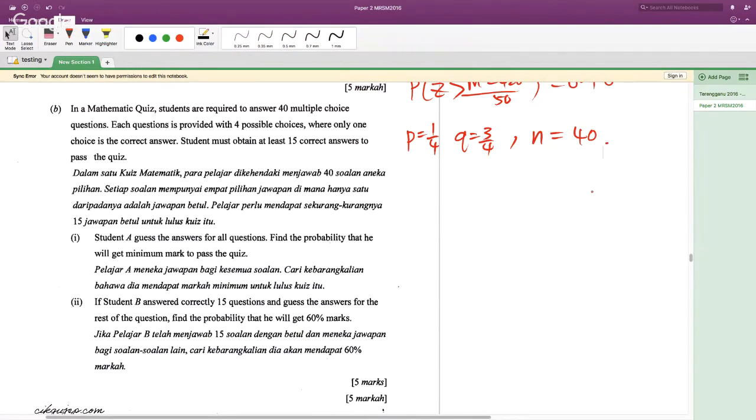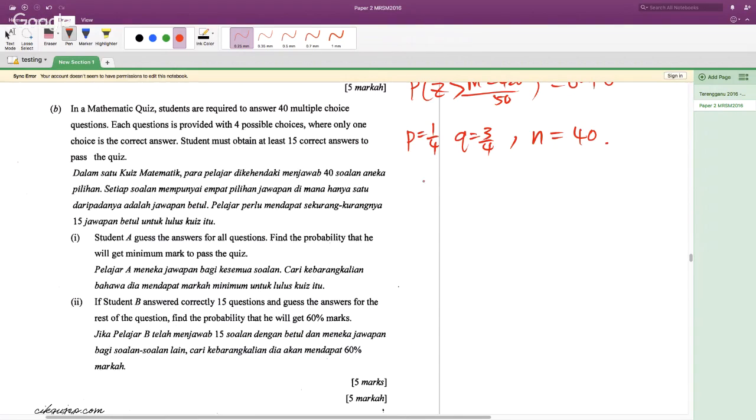All right, a student must obtain at least 15 correct answers to pass the quiz. Student A guesses the answer for all the questions. Find the probability that he will get the minimum mark to pass the quiz. So I will do the nCr thing.